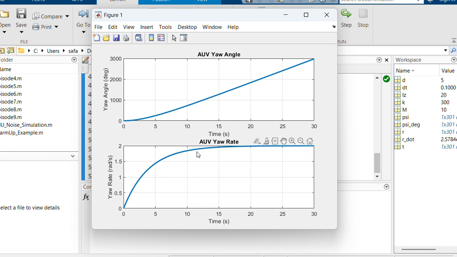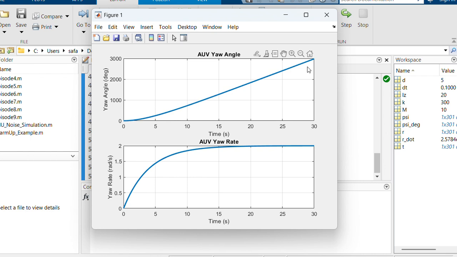And here the yaw angle continuously increases because you can see the vehicle keeps rotating. Initially the curve is nonlinear because the yaw rate is still changing. Once the yaw rate reaches a nearly constant value, the yaw angle grows approximately linearly with time.